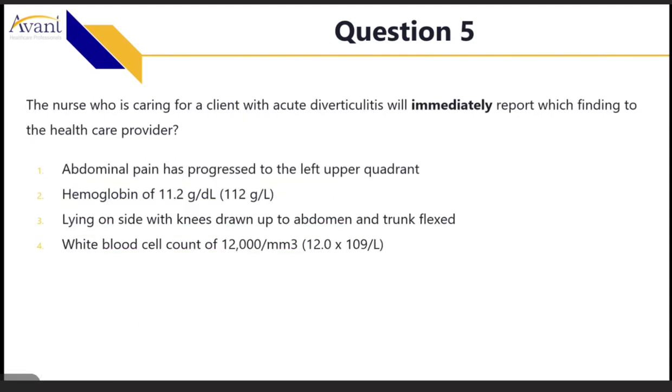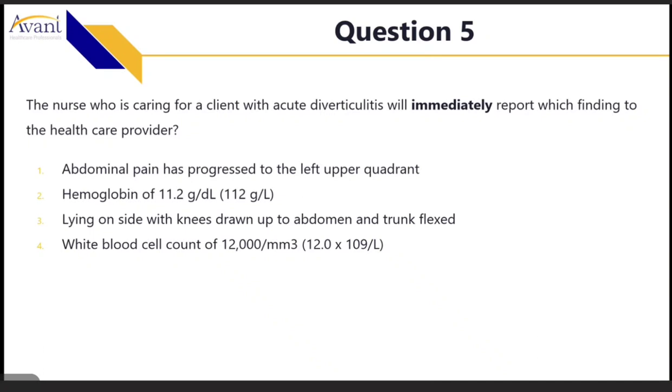All right, question number 5. The nurse who is caring for a client with acute diverticulitis will immediately report which finding to the healthcare provider? Number 1, abdominal pain has progressed to the left upper quadrant.